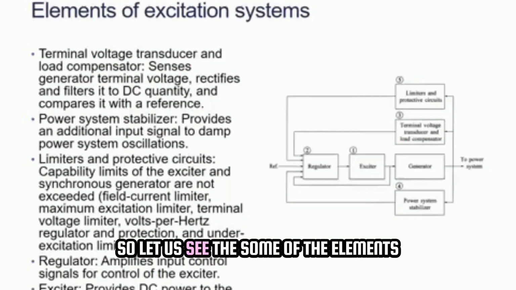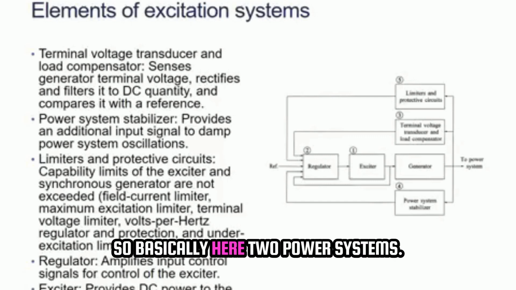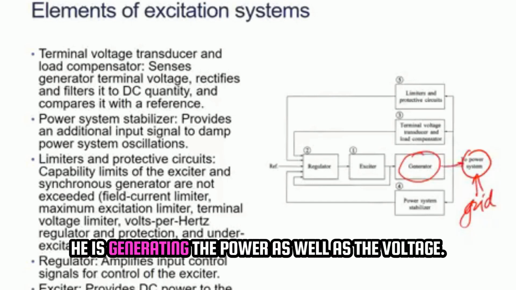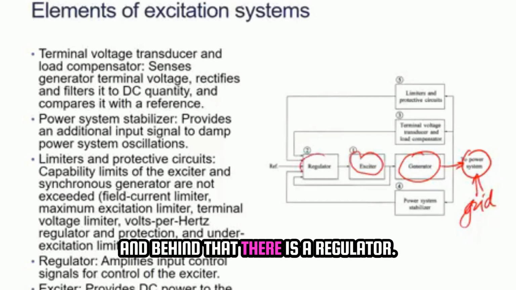So let us see some of the elements of the excitation system here. Basically, this is the grid side, right? Here the generator is there, generating the power as well as the voltage. Here you are seeing the exciter, and behind that there is a regulator.